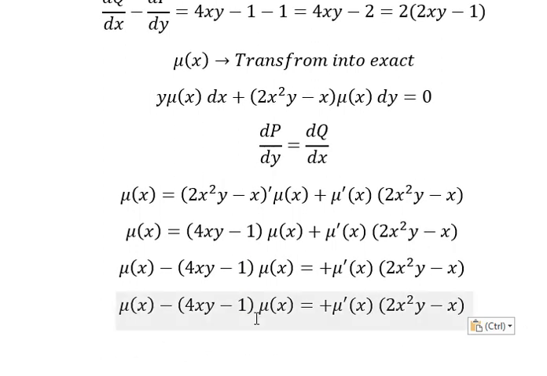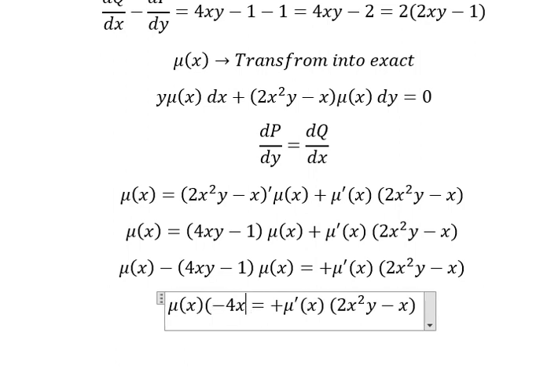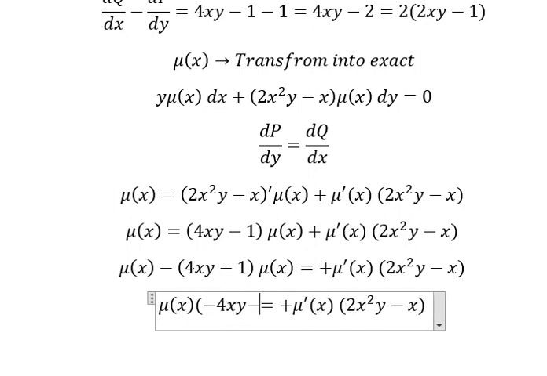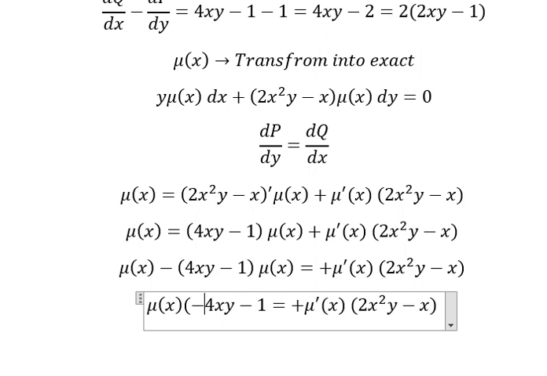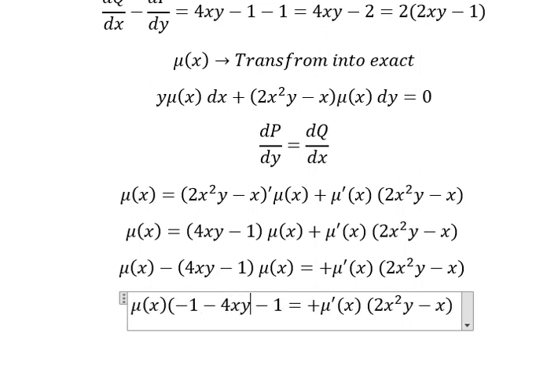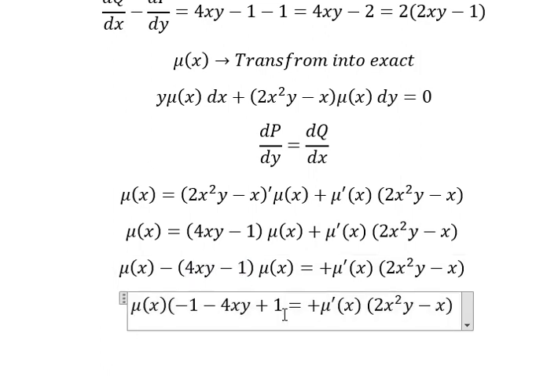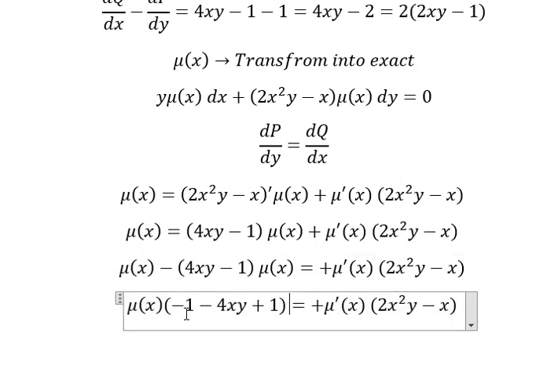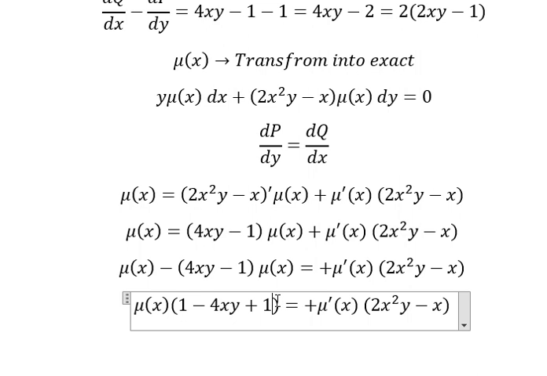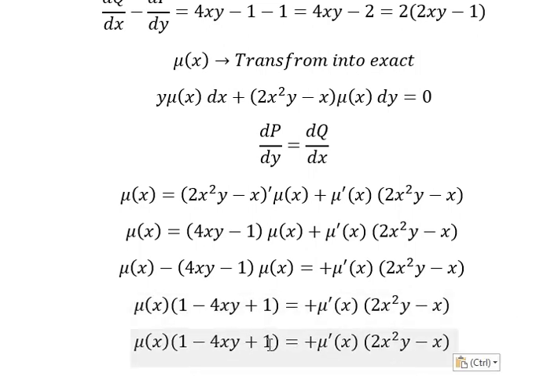So mu x and mu x we can do factorization. So the negative will change the sign of this one. So we have like this. So number 1 and number 1, we have number 2.